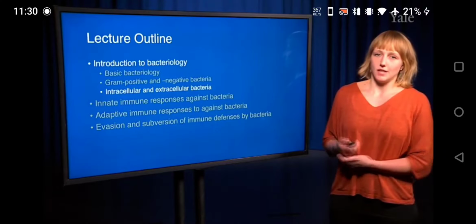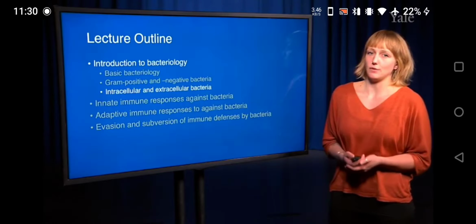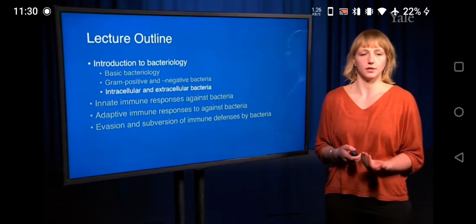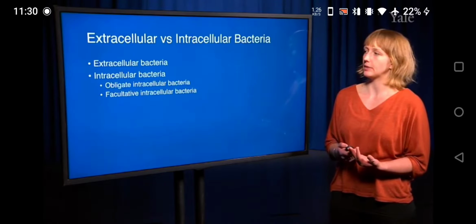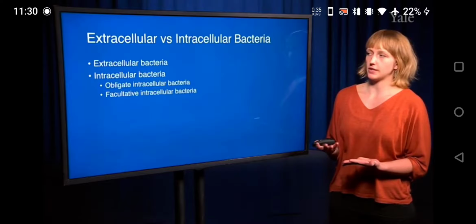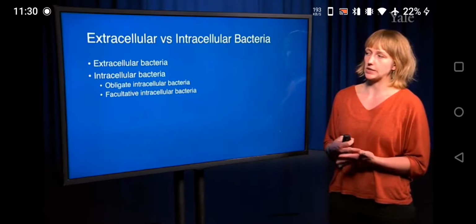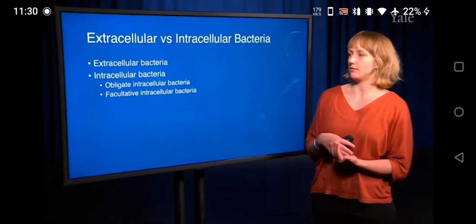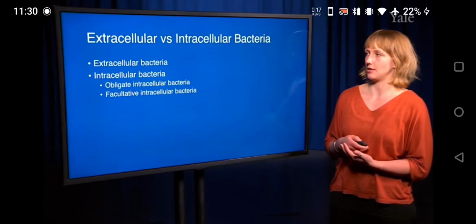Now, another way of classifying bacteria is the location of their replication, and we can differentiate bacteria based on intracellular or extracellular bacteria. So we have extracellular bacteria, and within intracellular bacteria, there's two different types. So we have obligate and facultative intracellular bacteria.